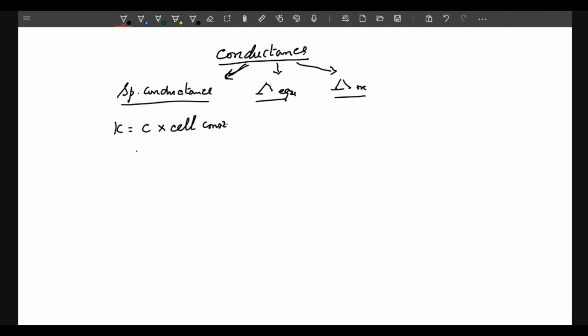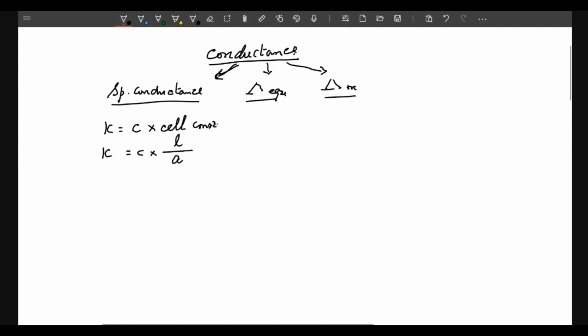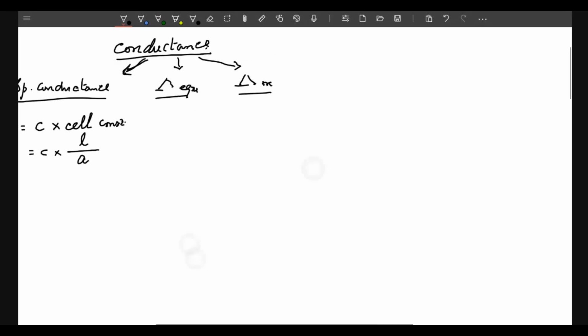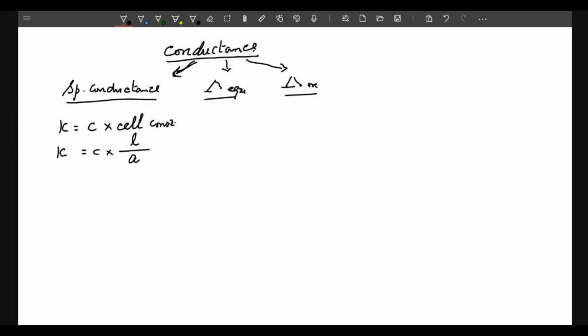The cell constant is nothing but the distance between the two electrodes divided by the area of the electrode, l by A. If l and A are given in centimeter and centimeter square, then kappa would have the unit per ohm per centimeter. On the other hand, if l by A is given in per meter, you should write it as per ohm per meter.